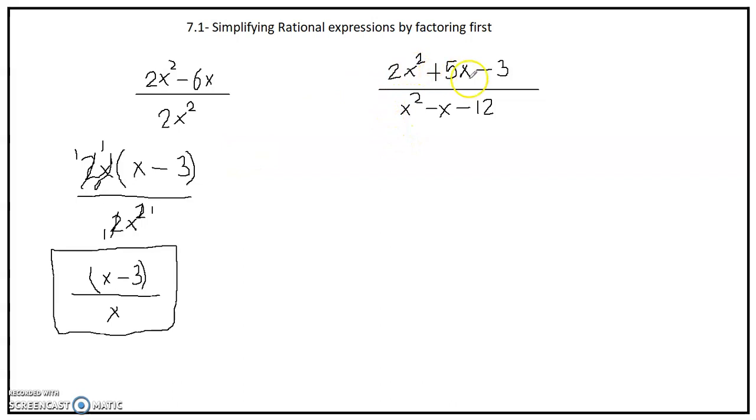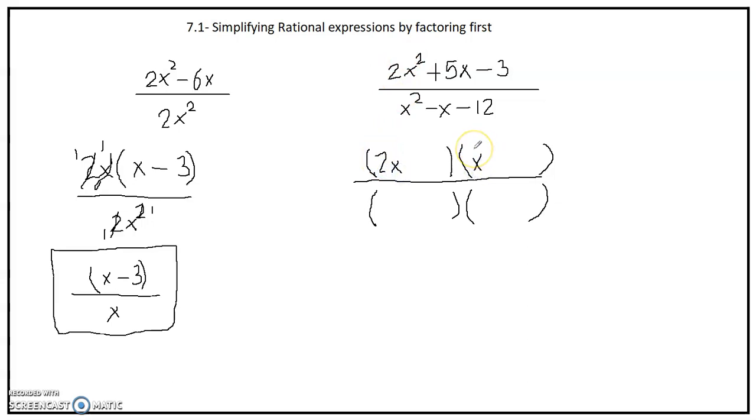We have 2x squared plus 5x minus 3 divided by x squared minus x minus 12. You can see that we have to factor both top and bottom in this case. We'll put parentheses. Alright, so the first term over here is 2x squared, so we'll just write 2x and then x here.